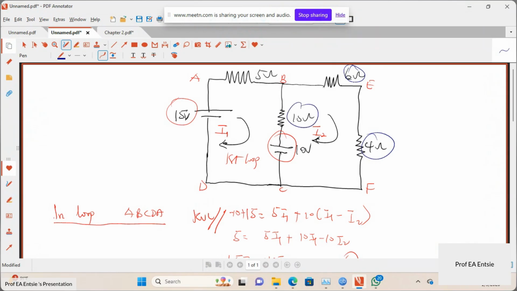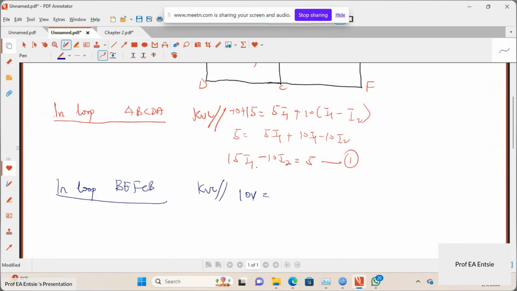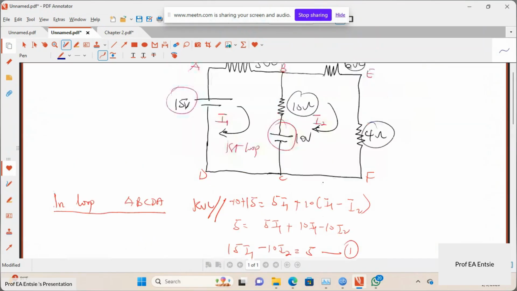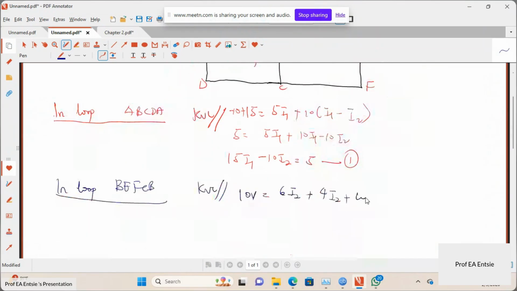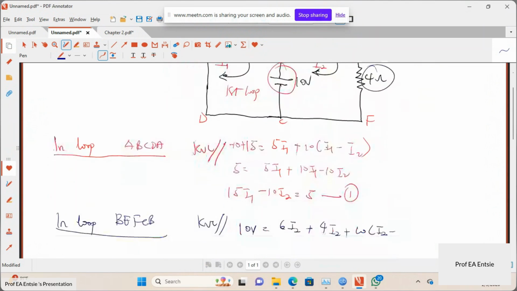That will be 6I2 plus 4I2 plus 10 times I2 minus the other loop's current, I1.